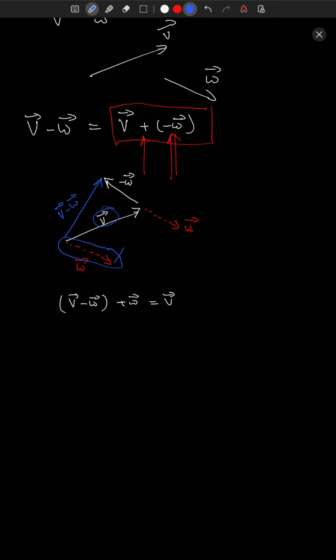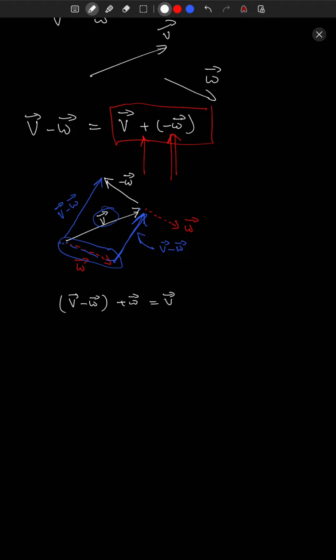Well, it has to be this one right there, right? This w plus this vector is equal to v, right? So that means that that vector has to be v minus w. Okay, so that's another way to think of subtraction.